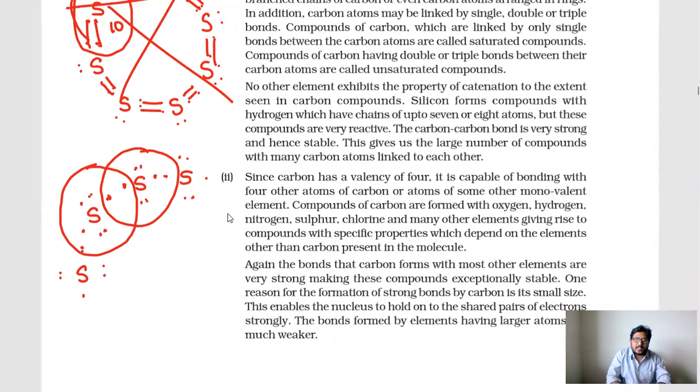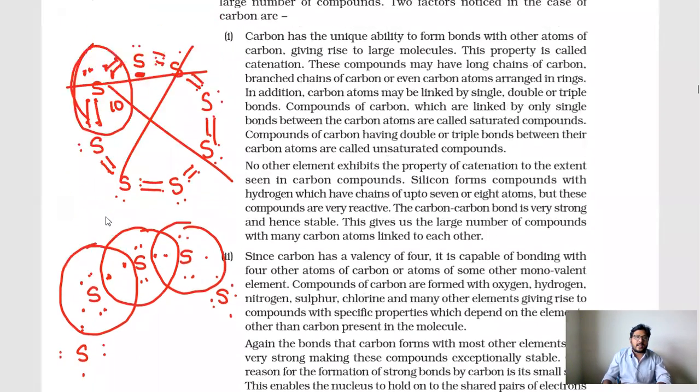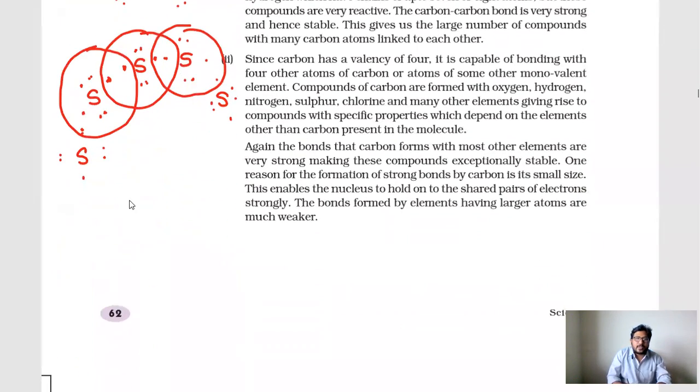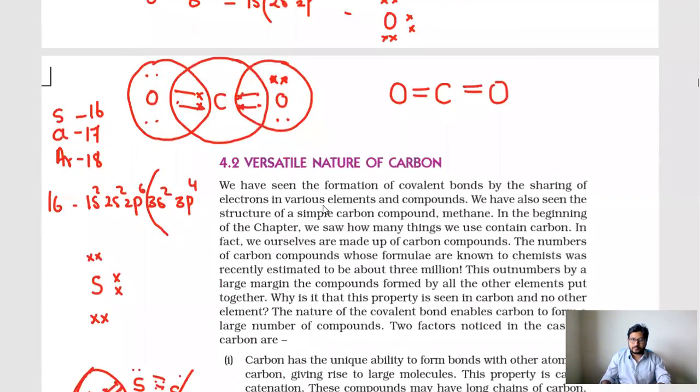For this sulfur, it is combining with another sulfur with 6 valency electrons. If you draw like this, that can be combined. Like that, all 8 sulfurs will be in the form of a chain, and that can be represented like this, with all single bonds. Like that you have to draw.